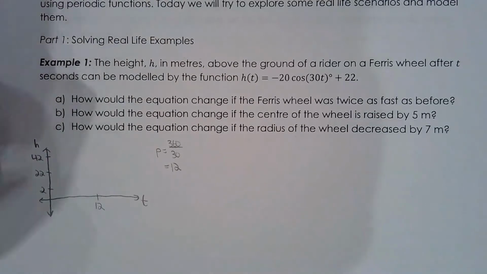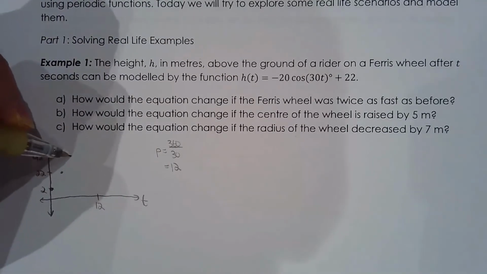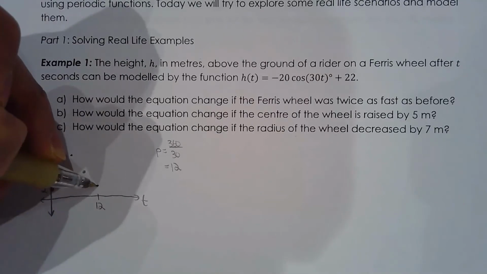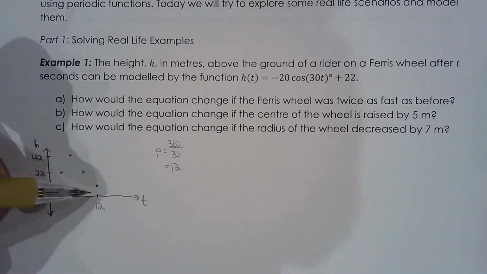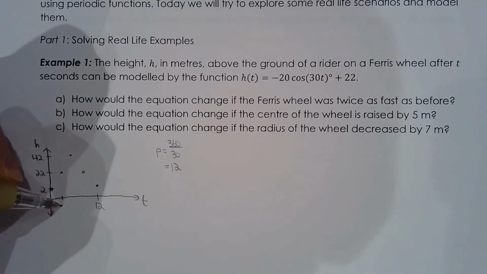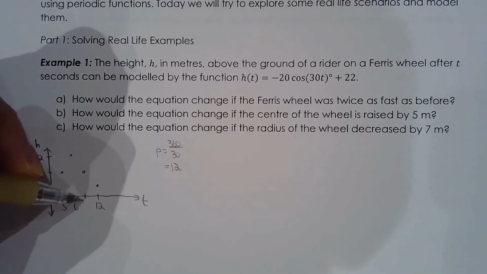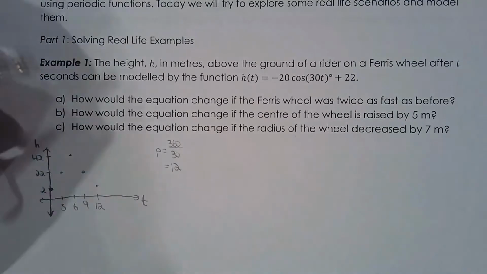So the first point I plot is a minimum, and then you don't really need these values, but I'll give it to you anyways, because this is a quarter period, to plot these key points. So quarter period would be 3, 12 divided by 4 is 3. All right, there we go, 3, 6, 9, 12.